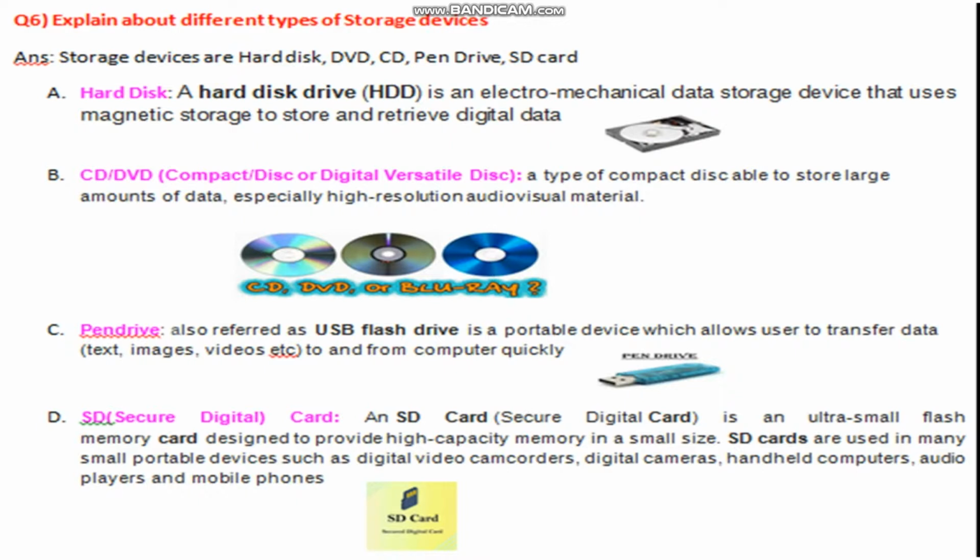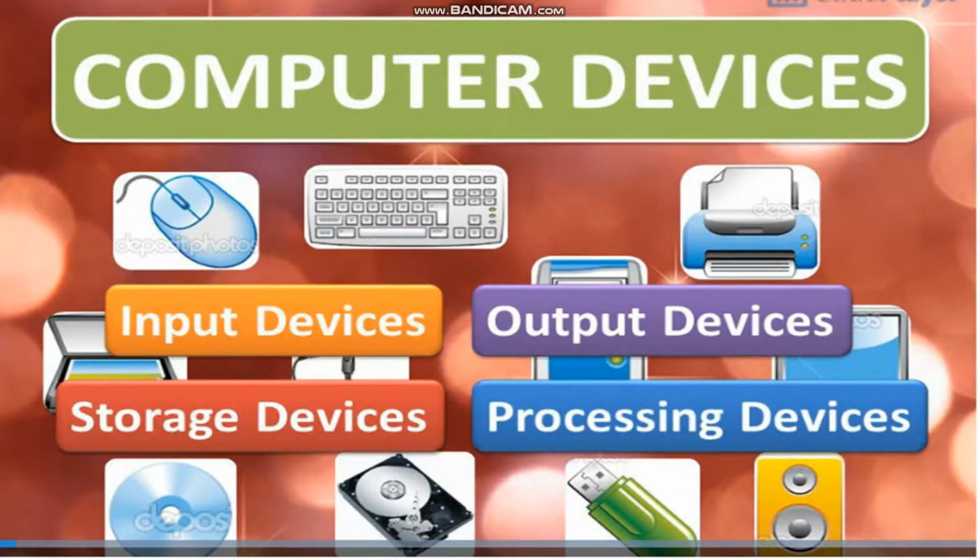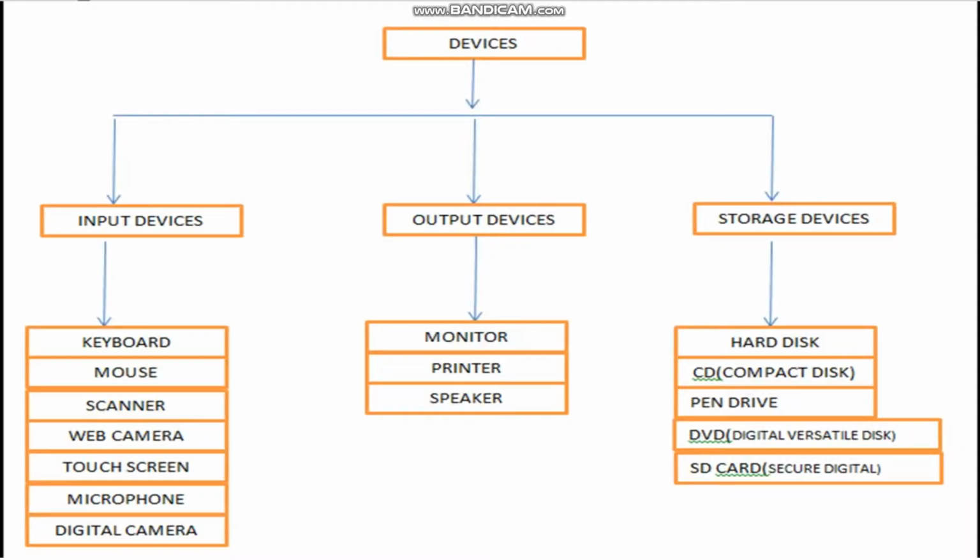Once again I will just repeat. There are four types of computer devices: input devices, output devices, storage devices, and processing devices. Processing devices means the CPU is the processing device. Input: keyboard, mouse, scanner, web camera, touchscreen, microphone, digital camera.